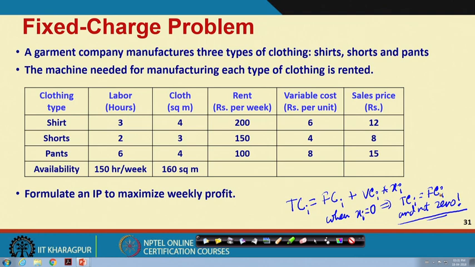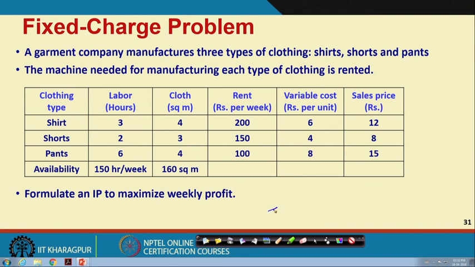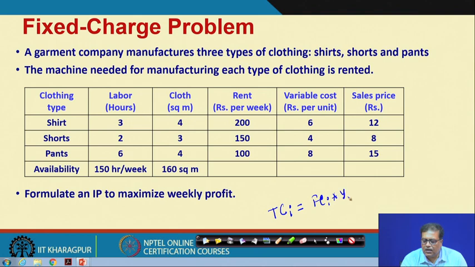So, what is done? We take another variable y, yi, right, and we make the model in a different way, that is we make TCi equal to FCi star yi plus VCi star Xi.